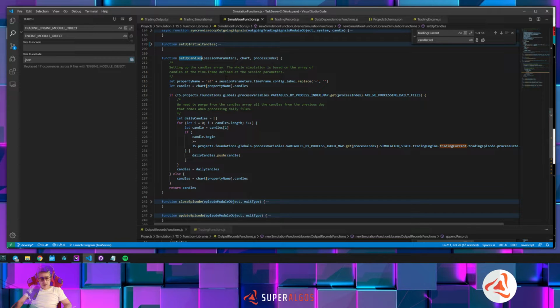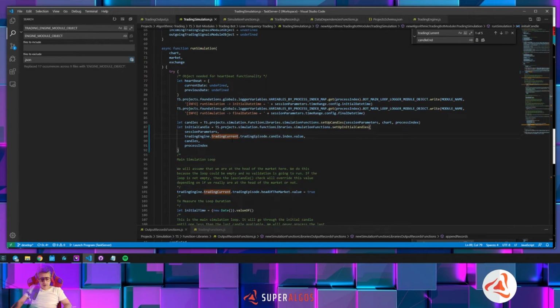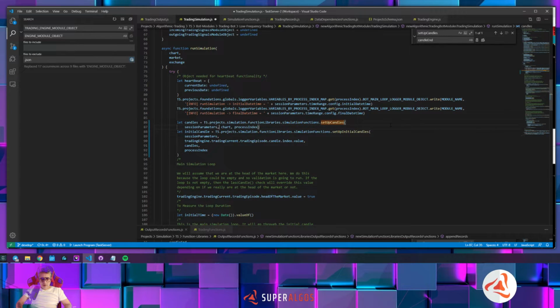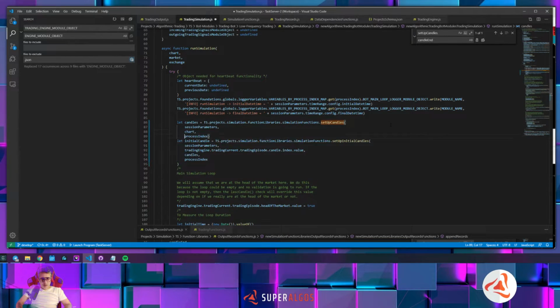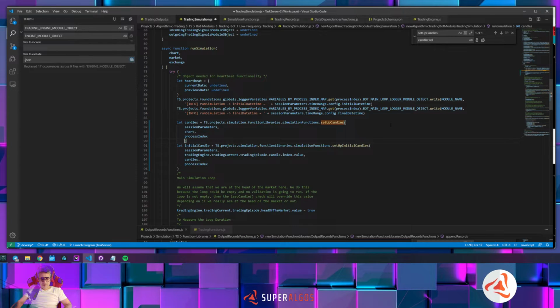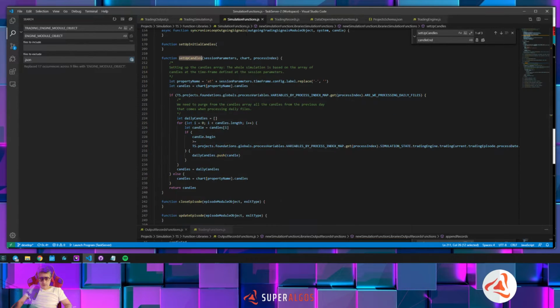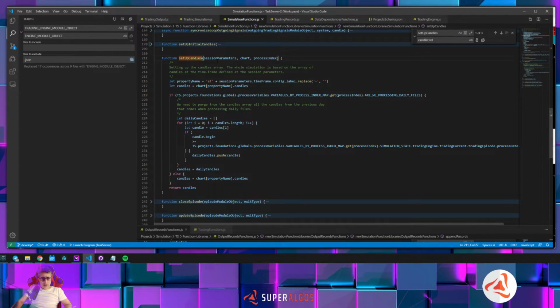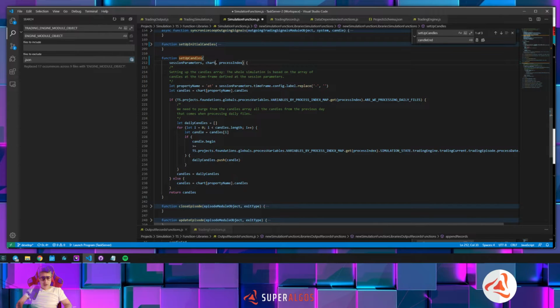So set up candles. It's going to send this as a parameter. And this, we're going to put it like this.